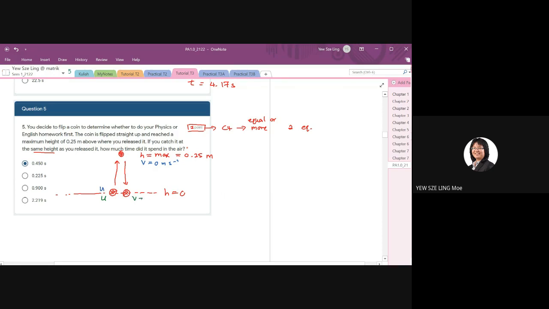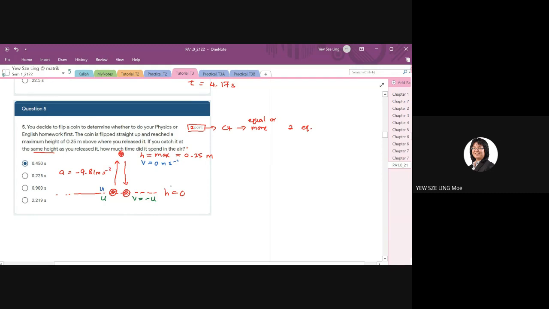At this position, your v is actually equal to negative u. What is the other information that you have? This is a vertical motion, so we have a equals negative 9.81 m/s^-2.